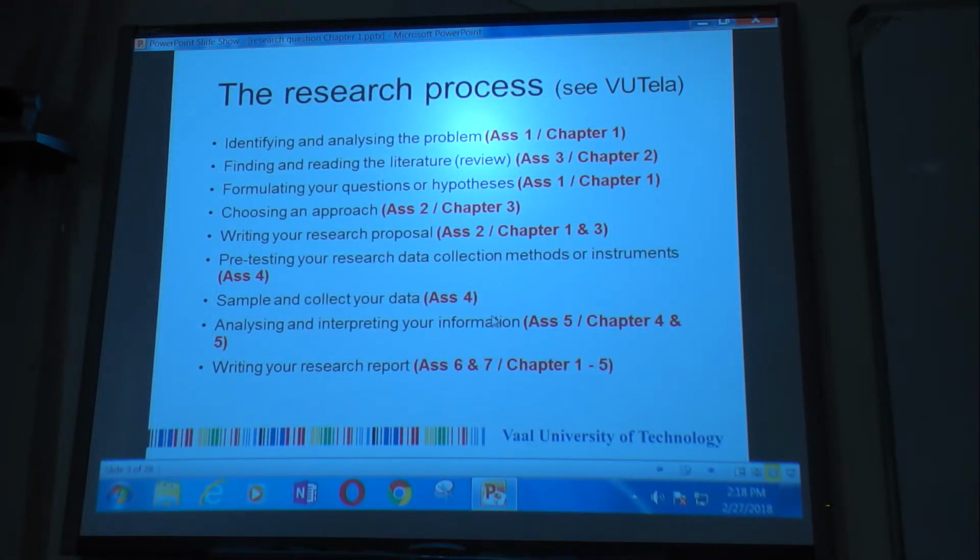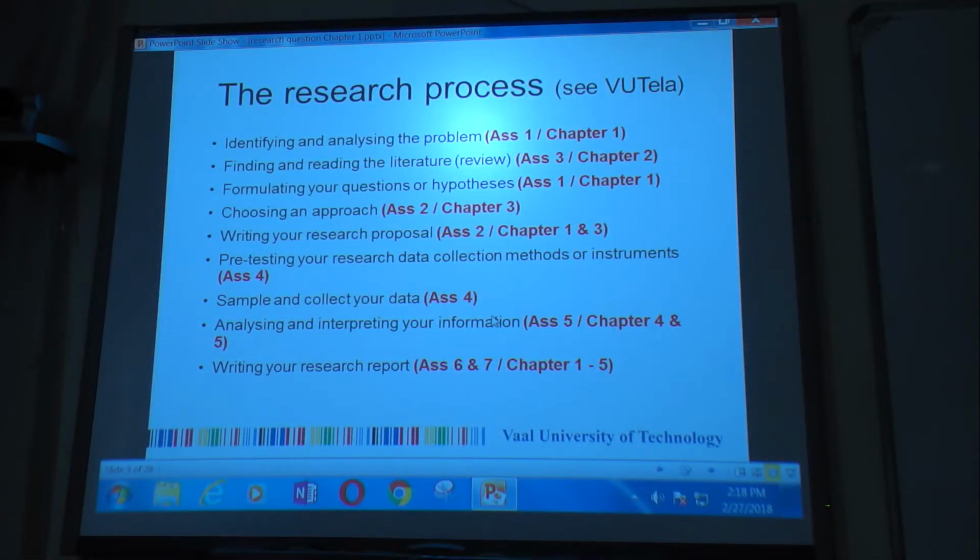You're going to copy and paste your problem statement into your chapter 1 of your final project. Do you understand that? But when we get to the final project, again, we will go through this. I just want to illustrate to you, research is a process, and all our assignments are structured exactly according to this process.